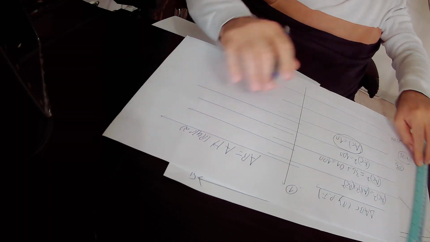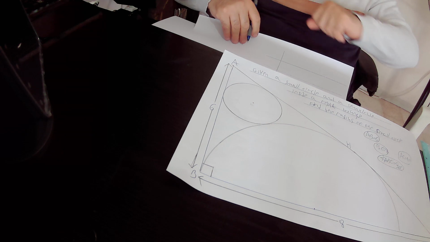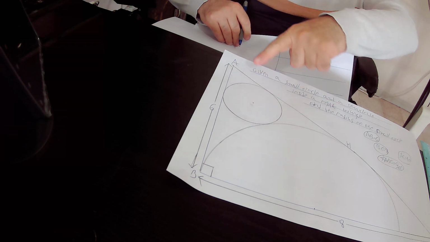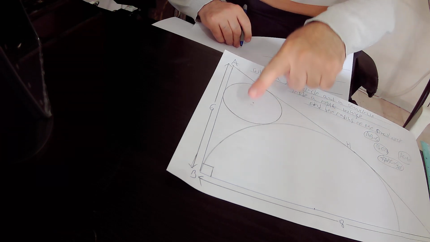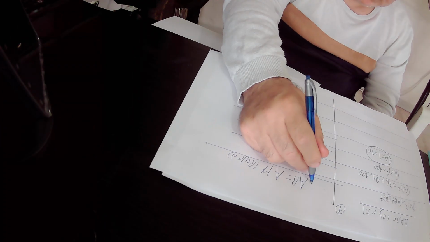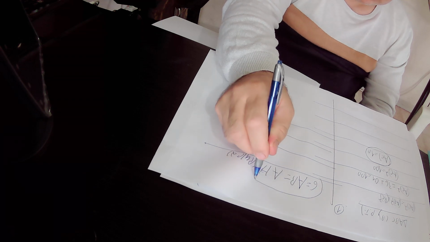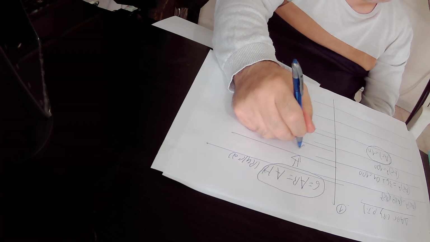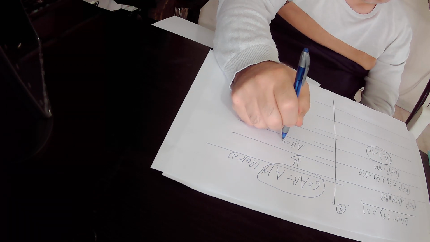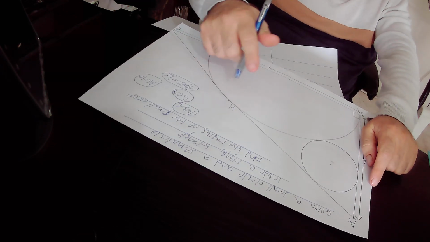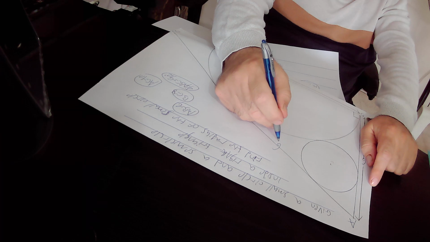Actually, rule 2 states that the lengths of two tangents from a convex point to a circle are equal. Therefore, the length of tangent AB must be equal to the length of tangent AH. But AB equals 6 units according to what is given in the question, so I can write here that AB equals 6, and from this equation 6 equals AB equals AH, we derive that AH also equals 6 units in length.